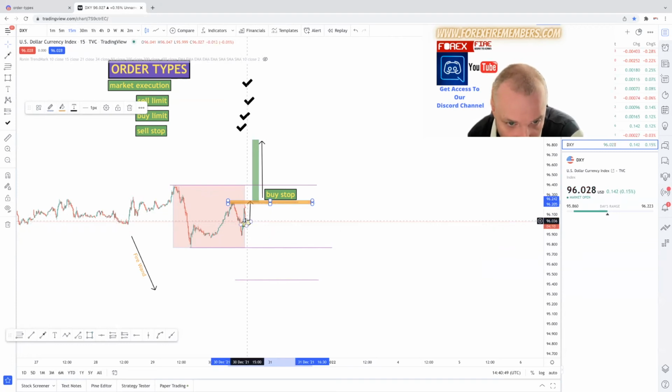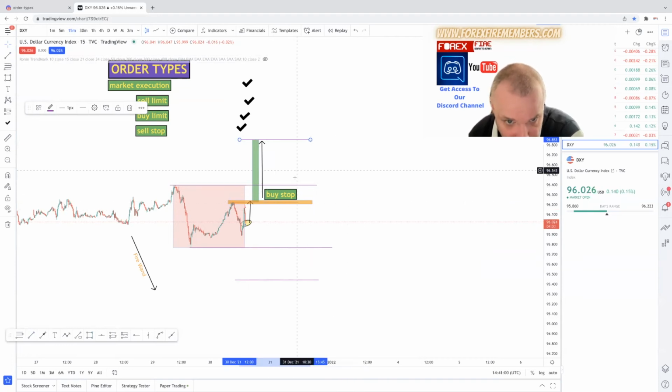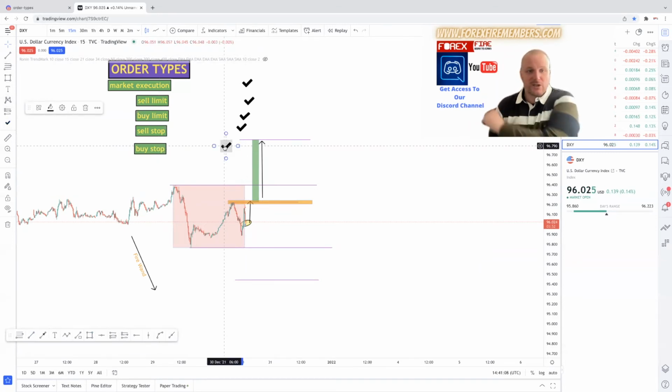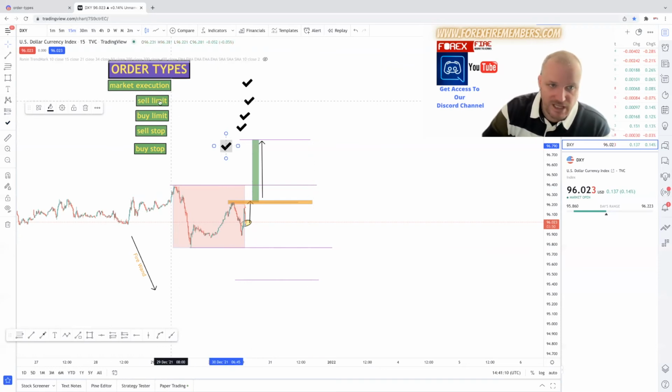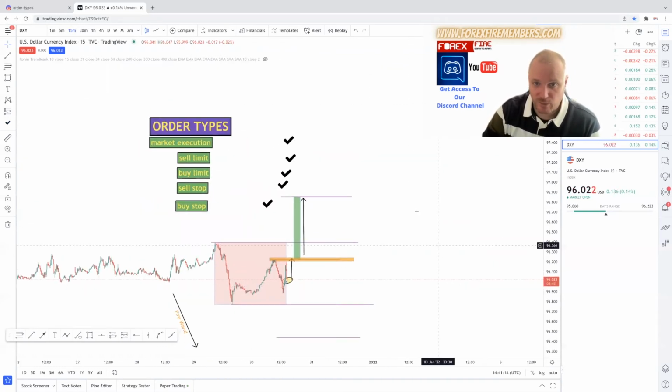If price was to pull back, hit this area and continue to the upside, that is your buy stop activated. And that's basically it. That's your market execution, your sell limit, your buy limit, your sell stop and your buy stop.